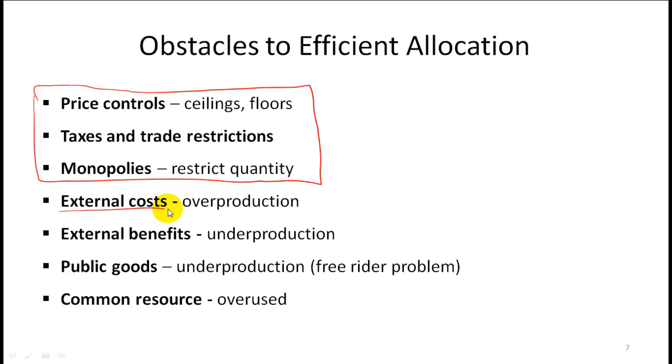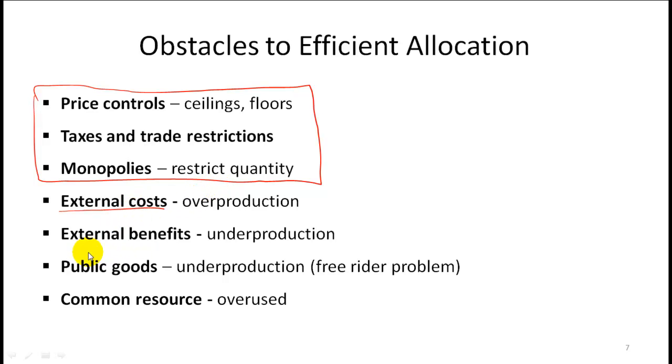The cost of pollution is not being borne by the pharmaceutical company here, it's being borne by society. So what does that encourage the pharmaceutical company to do? If the pharmaceutical company is not bearing all its costs, what it might do is overproduce. Its cost curve is not depictive of the overall society's cost, and therefore the pharmaceutical company might overproduce. So that's what happens when you have external costs.